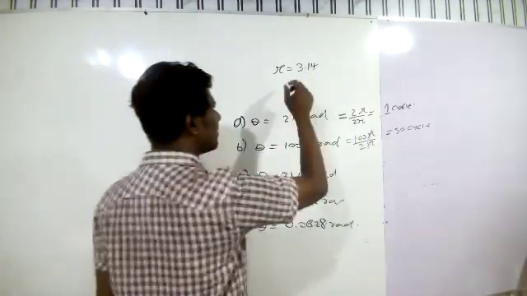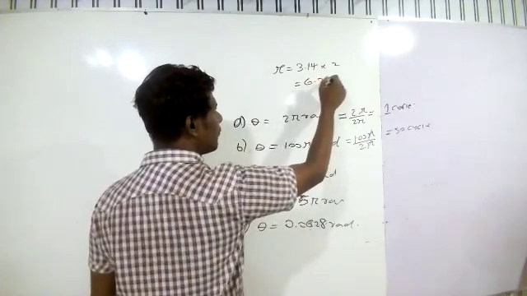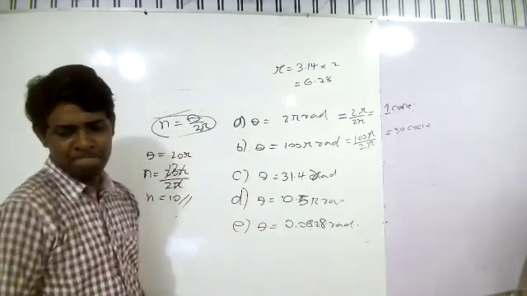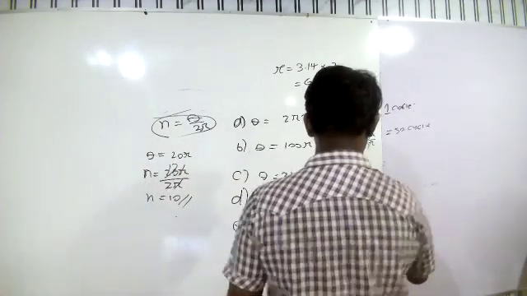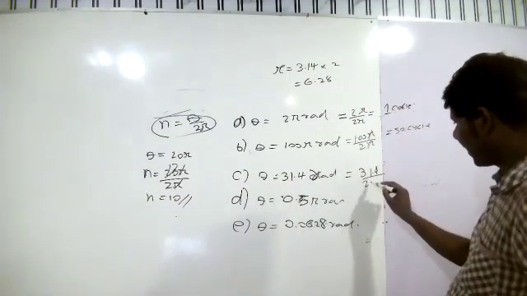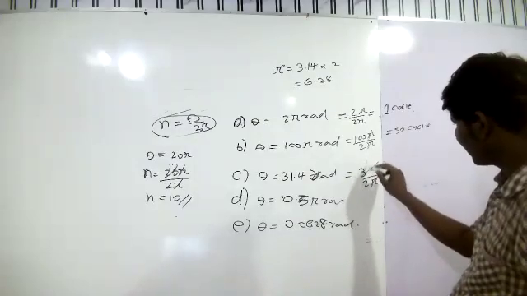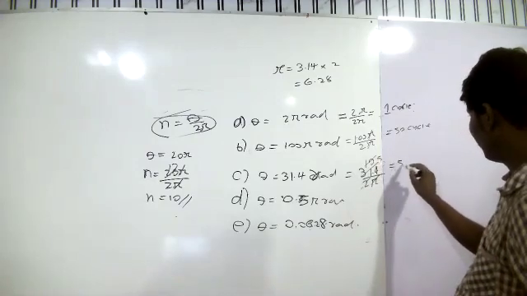If you multiply pi by 2, your answer is 6.28. Correct? Here 31.4 divided by 2 pi. Pi equals 3.14. That means it is 10, 10 over 2, it is 5. So 5 cycles.